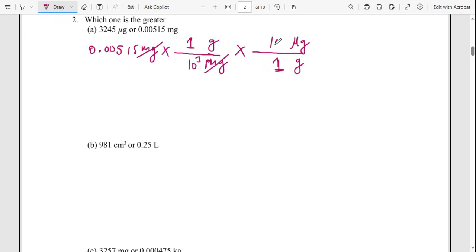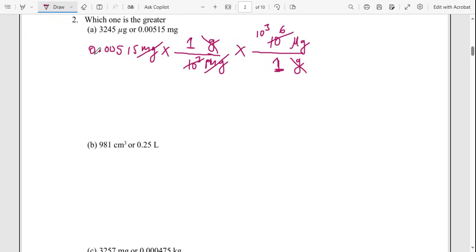Micro means 10 to the power 6. It actually means negative 6, but because I'll put a 1 in front of the bigger unit, always use a positive power. So this gram will cancel with that gram. What you notice here is that the 10 to the power 3 can cancel the 10 to the power 6, and we remain with 10 to the power 3, which is 1,000.